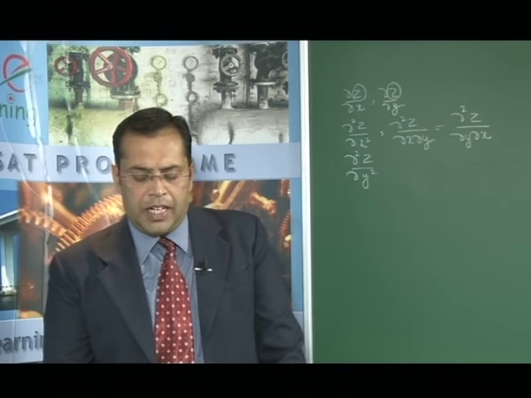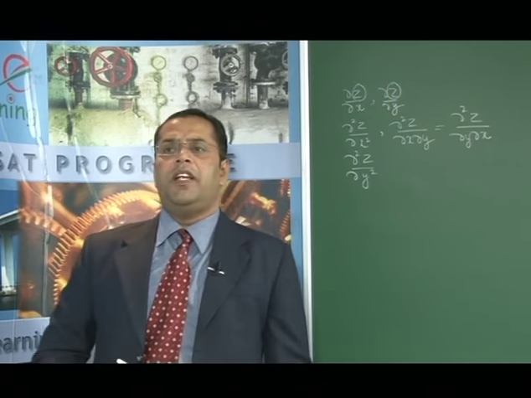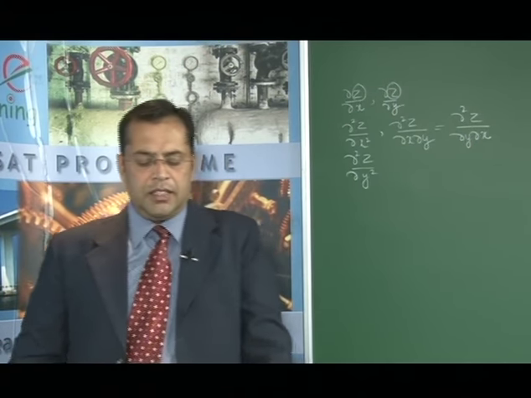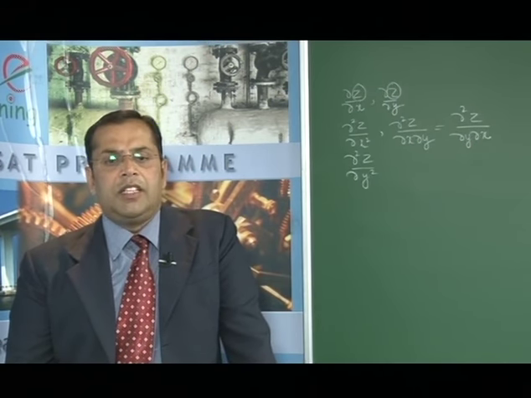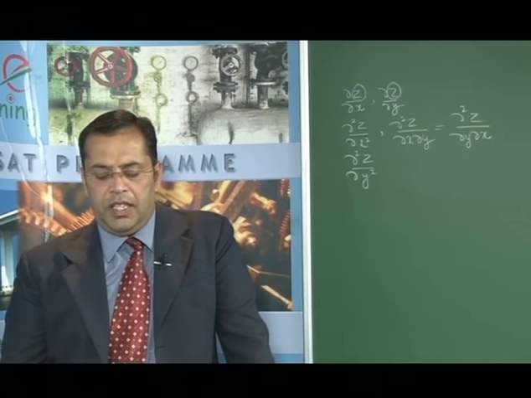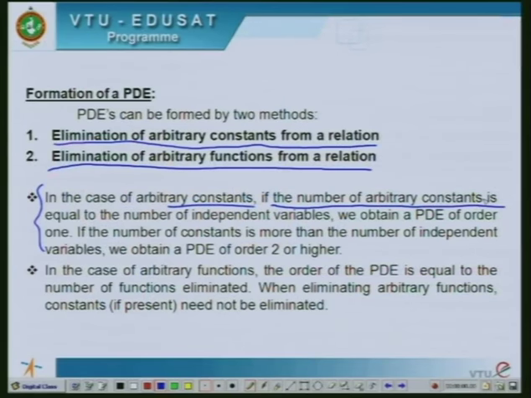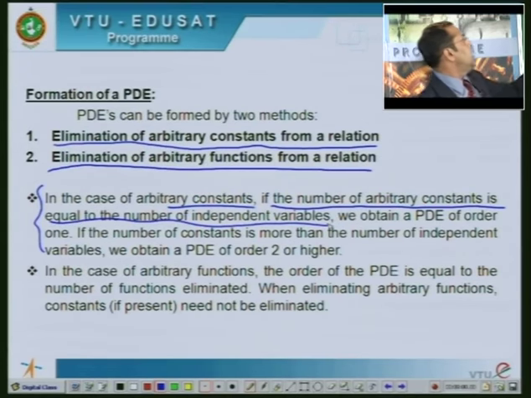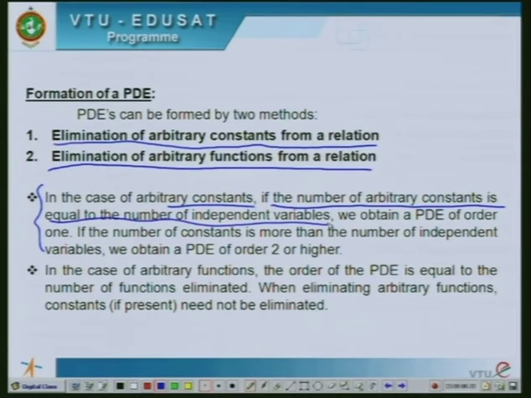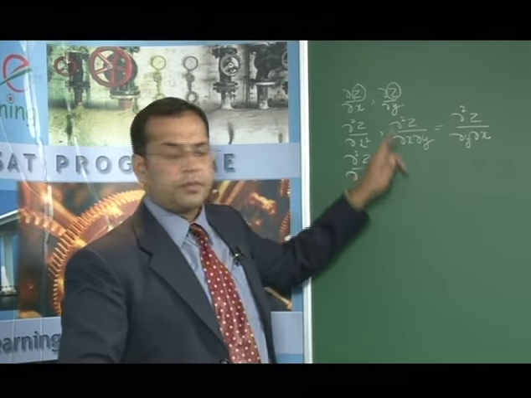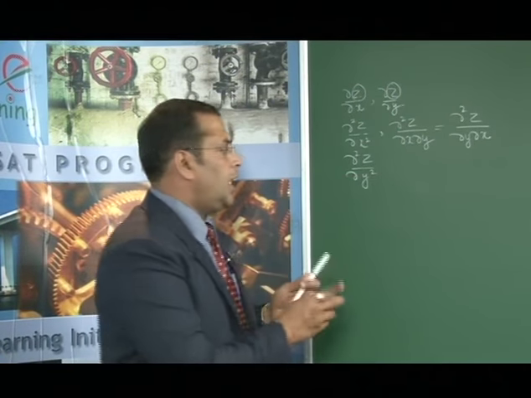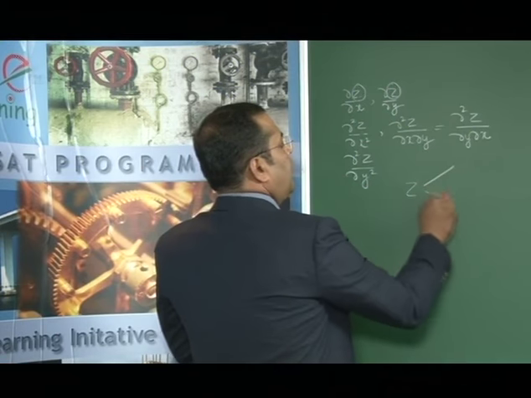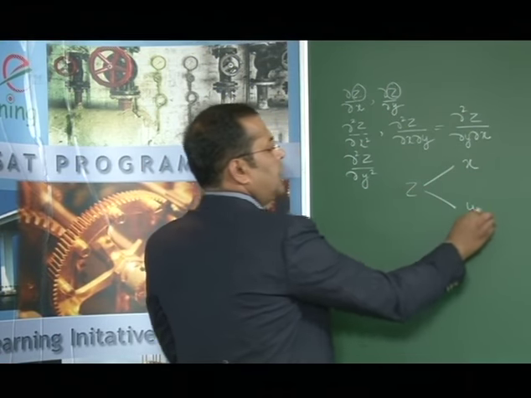Now, there are some specific conditions for formation. In the case of arbitrary constants, if the number of arbitrary constants is equal to the number of independent variables, like you see here, these partial derivatives written on the board have dependent variable z with two independent variables x and y.